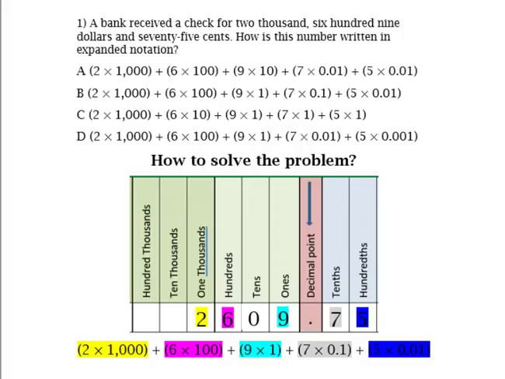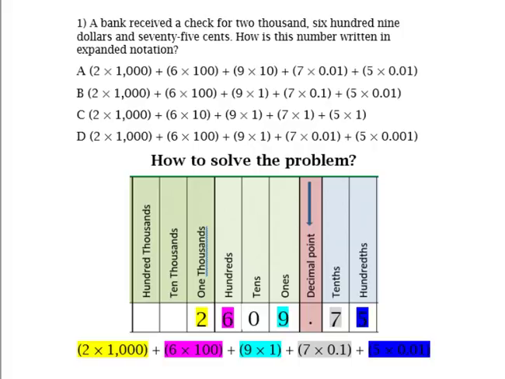Plus the 9 is in the ones place, because remember, we said $609. So the 9 is in the ones place. That's 9 times 1. We have our decimal point, and we said 75 cents. We know that the 7 is in the tenths place.